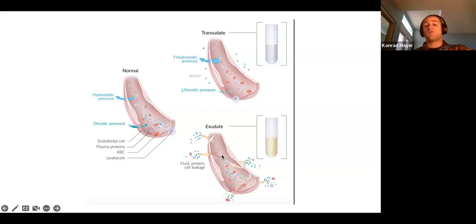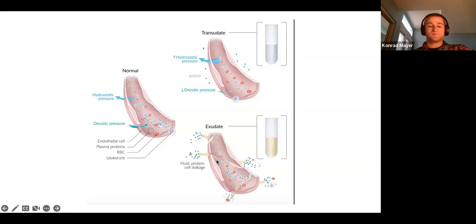On the other hand, all the bad things, TB, malignancy, pneumonia, they're bad because they're not nice to our vessels. They break our vessels and make them leaky, which leads to all this good stuff going to places where it shouldn't be.